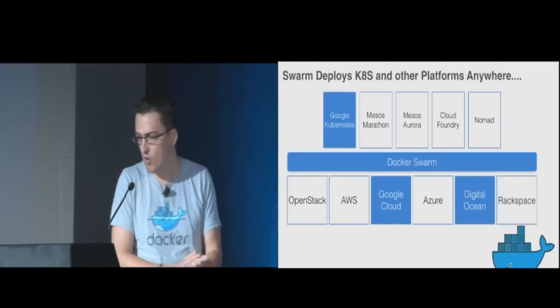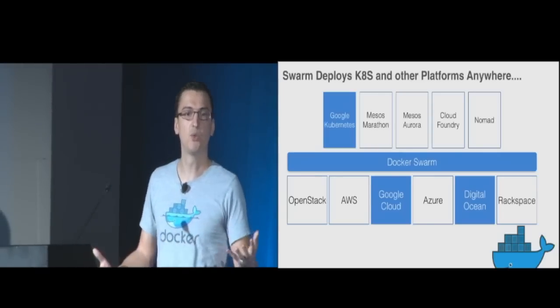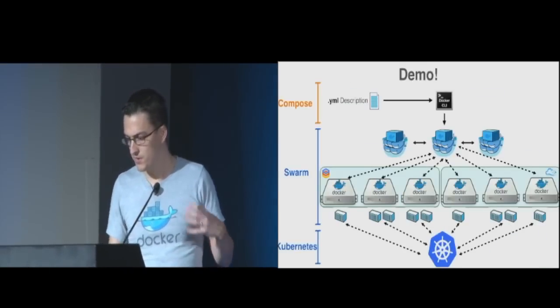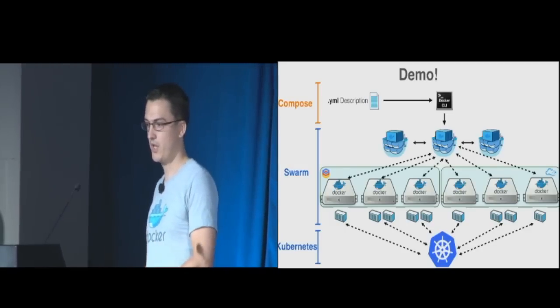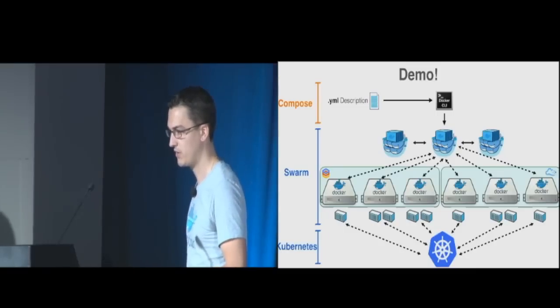So for this demo, we're going to focus on Google Cloud and DigitalOcean and Kubernetes. This is a quick diagram that explains how the demo works and what we're going to show. So I'm going to let Andrea talk about what you will see in the demo and present the demo itself.